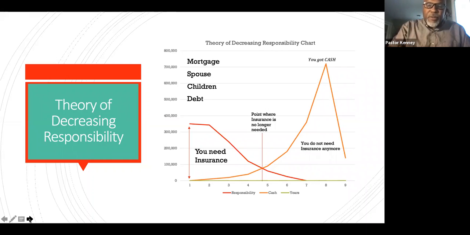For example, if you look at year one, when you have no money and you have a house payment, a spouse and children, maybe you need 350, 400,000. So I can get an insurance policy to cover that need if I was to die. But as my money grows over time, there'll be a point where the lines will cross.